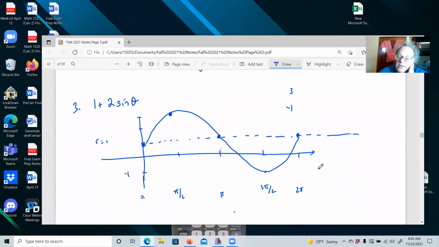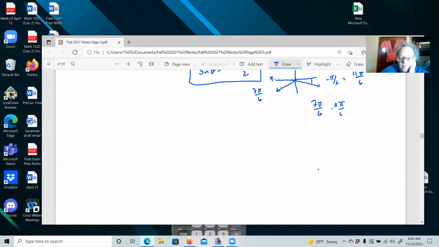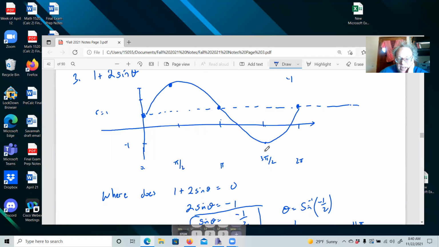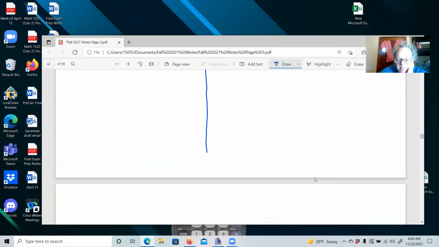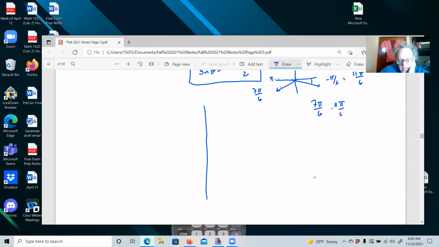Okay, so now we're going to go to polar coordinates. What are we looking at here? We're looking at a negative 1 all the way up to a 3. I think I have enough room to go ahead and do that. So again, theta equals 0 or 2 pi. This is pi over 2, pi, 3 pi over 2.